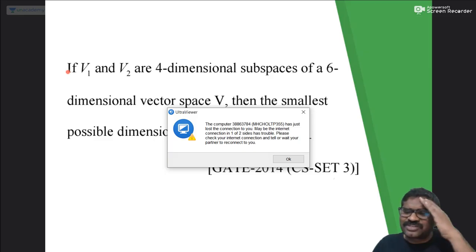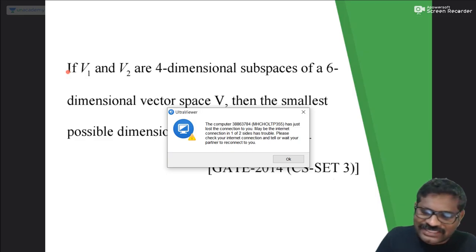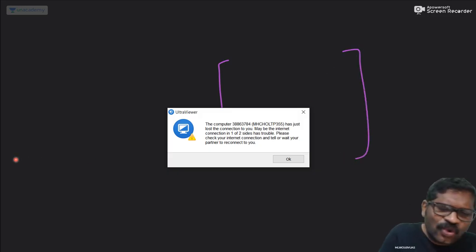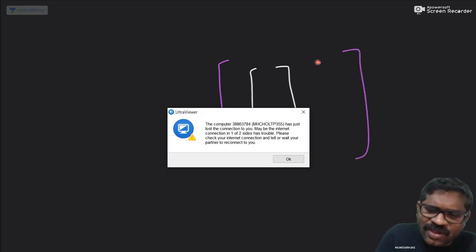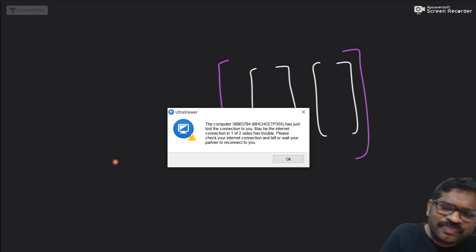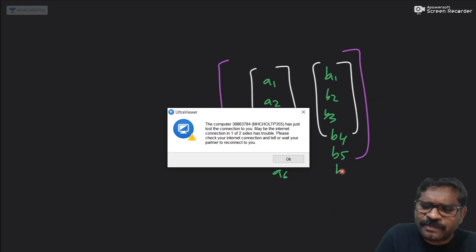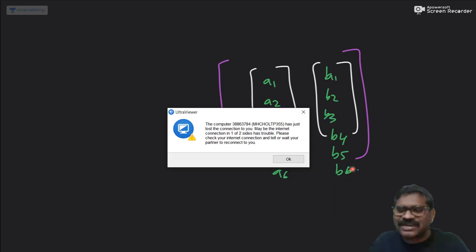Yesterday I explained so many times. In a basis, if you have only two vectors of dimension 6, with entries A1, A2, A3, A4, A5, A6 and B1, B2, B3, B4, B5, B6, what does it mean?